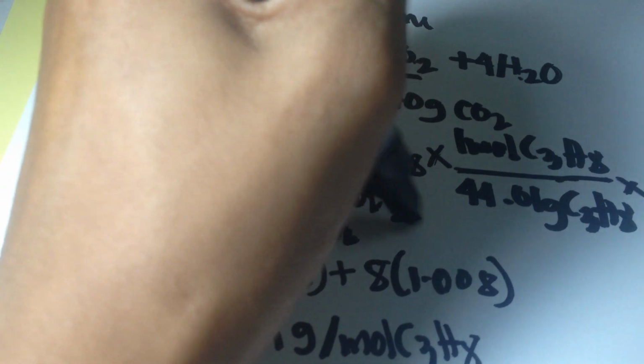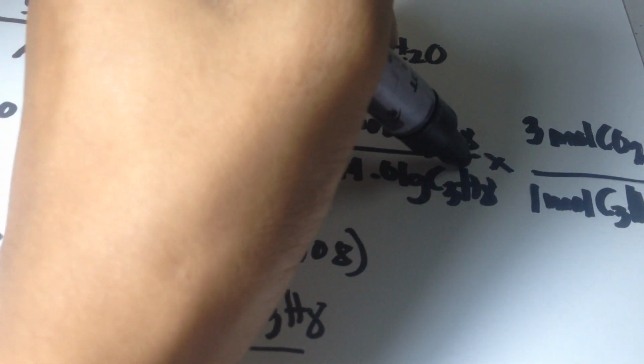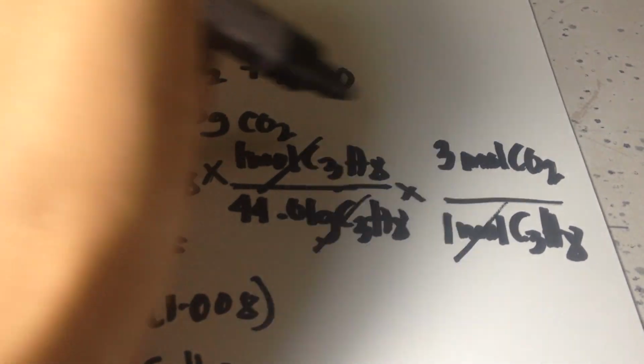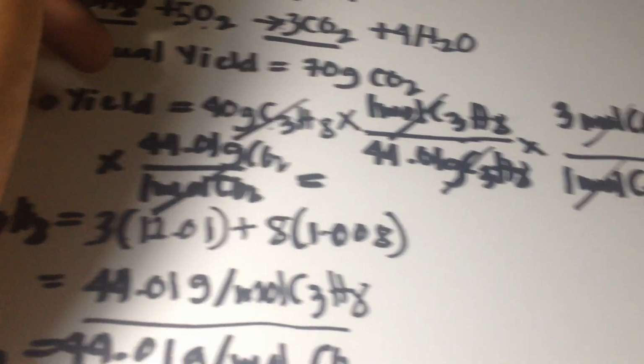So, cancel out the grams here, the moles, and the moles of carbon dioxide here will be cancelled, and the left is grams.